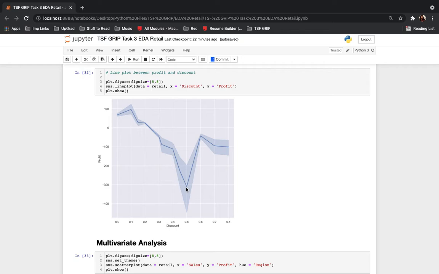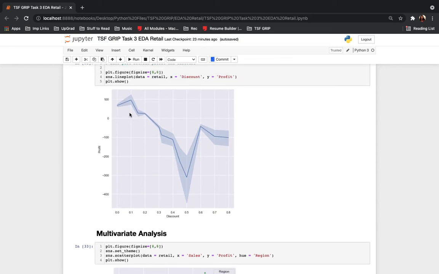So it's lowest at 50%, and it somewhat increases again at around 60, but it's still in the loss area, still in the negative values. So what we can see is the optimum or the highest profit is at 10%, and we can still experience profits well below 25%.